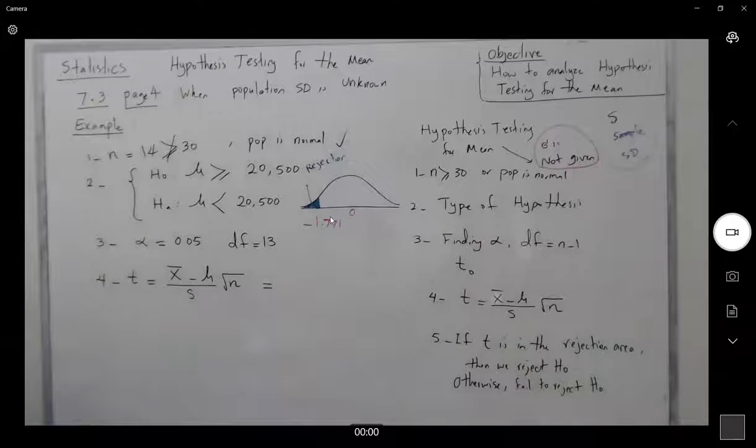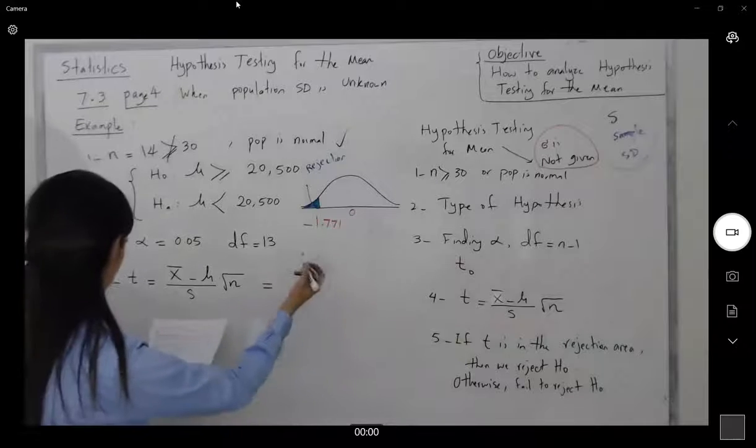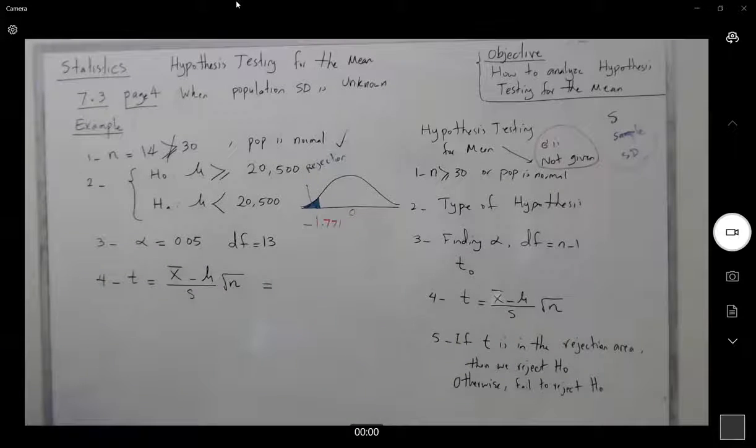Our x bar is equal to $19,850. Perfect. The rest of the class, x bar is 19,850. Okay, thank you so much.